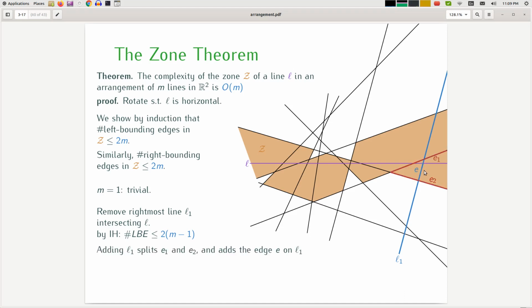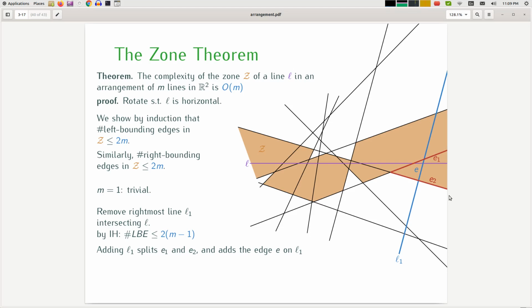Okay, like this. So the edge E1 is the first left bounding edge that is intersected by this line L1, and this one is also another left bounding edge that is intersected by line L1.